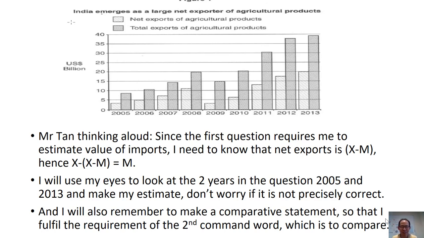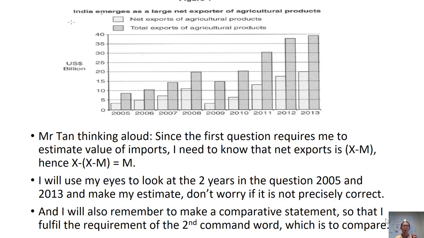So when it comes to the question in particular, right, the question asks for 2005 and 2013 only. So I will make my estimate using my eyes. Now, you look at this, right, you realize that depends on how sharp your eyes are, you might not get the correct value based on the y-axis.